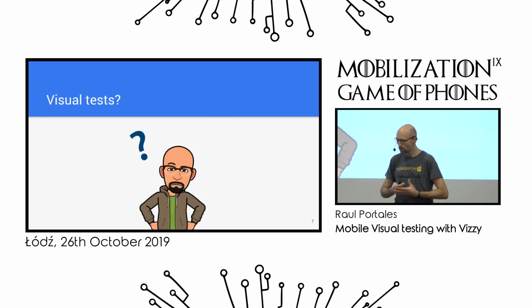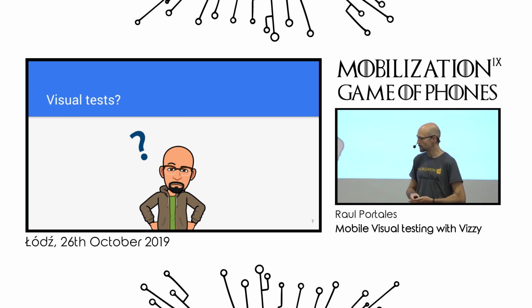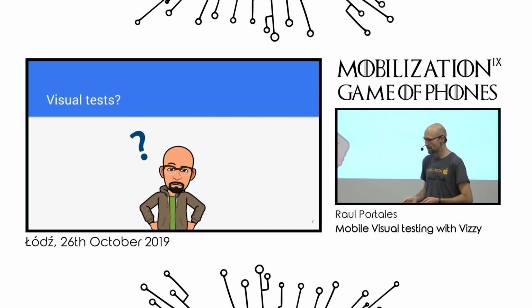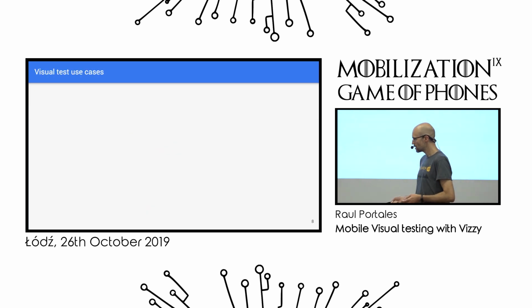So, where do visual tests come into play with the testing cupcake? And what are visual tests? When I'm talking about visual tests, we're talking about pixel perfect screenshot comparison. So your app looks how it should look, regardless of your changes. And there are many cases where this is interesting.